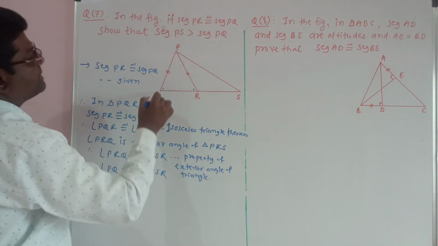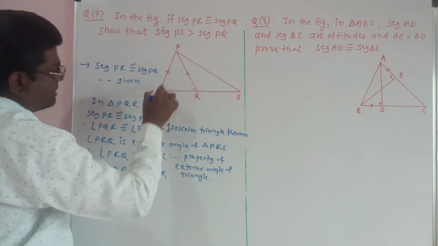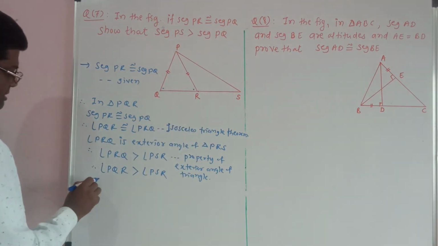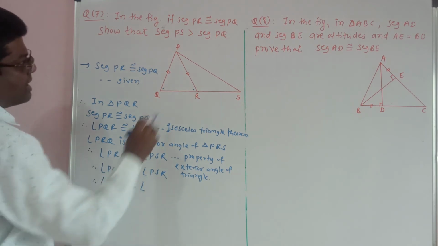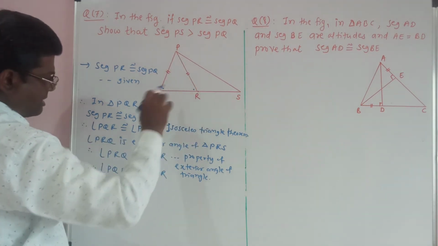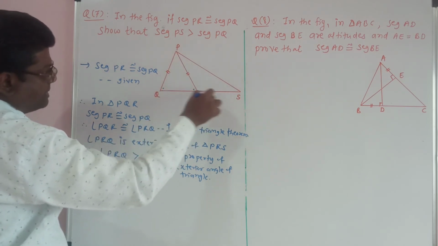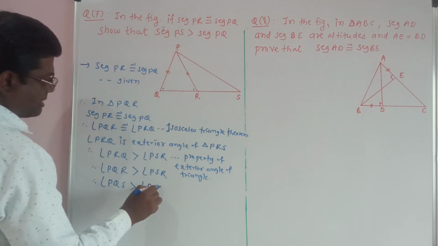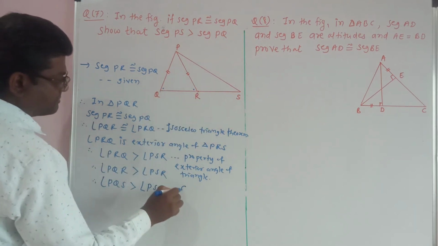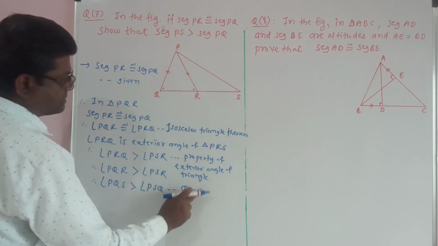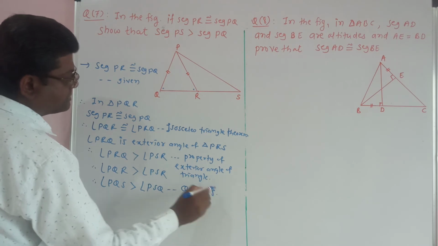But angle PQR is nothing but angle PQS. Therefore angle PQS greater than angle PSR, and angle PSR is nothing but angle PSQ. Reason is Q-R-S.